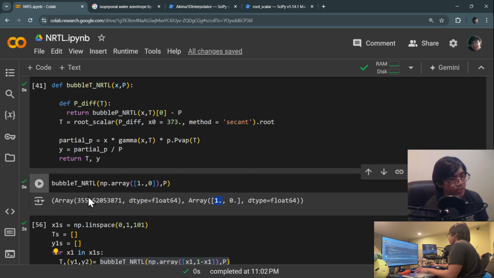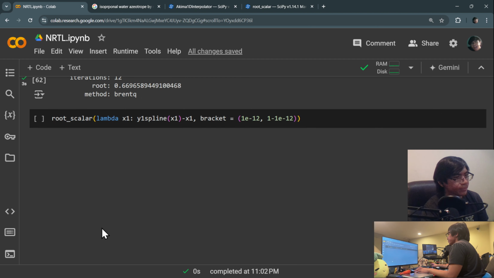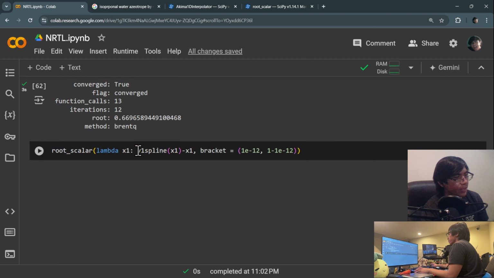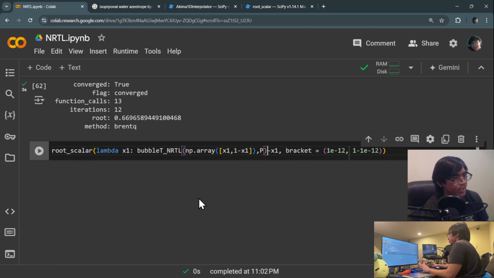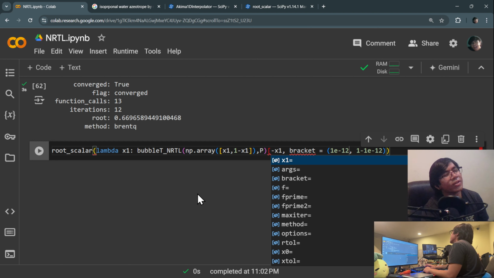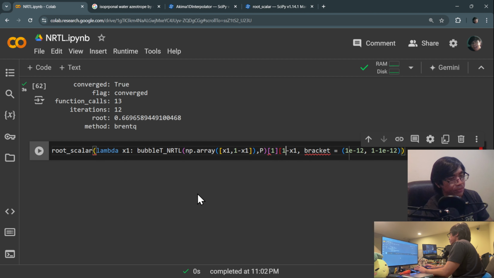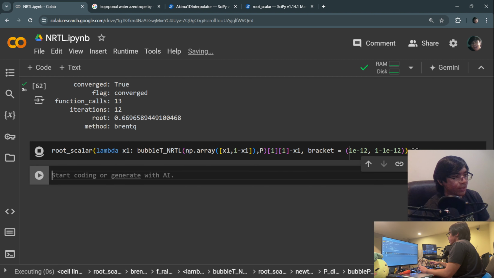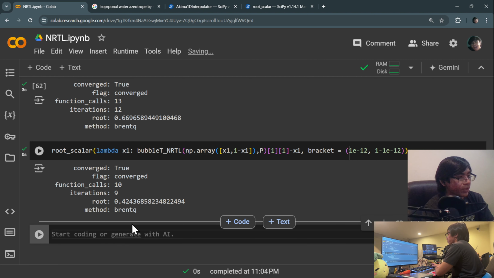So it'd be 1 and then 0 for the first element. I think I already copied it, so I just replace that. And then we do the brackets. So I said it was the second output, so first element, and then the first output. So hopefully that works. Be the exact same thing, or not.